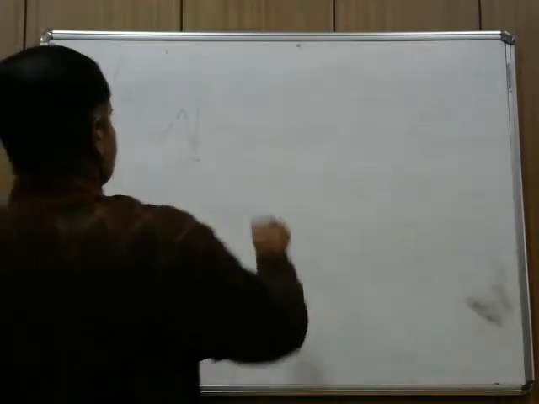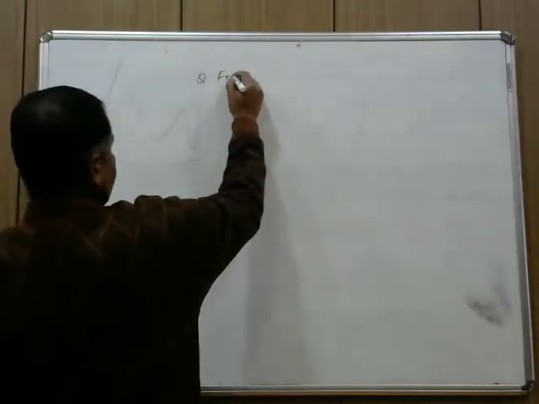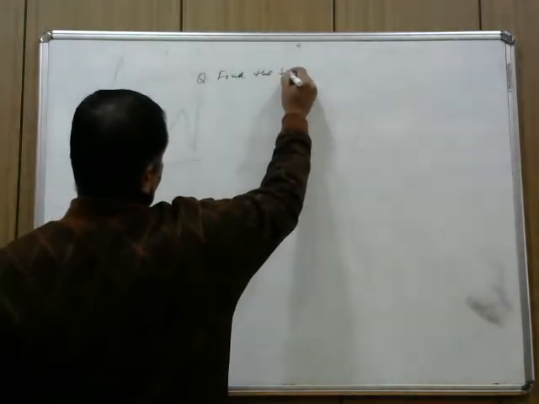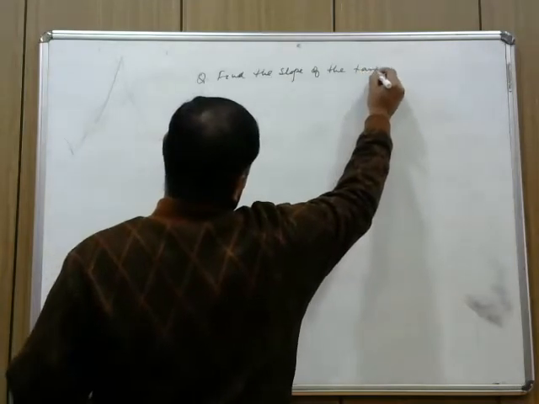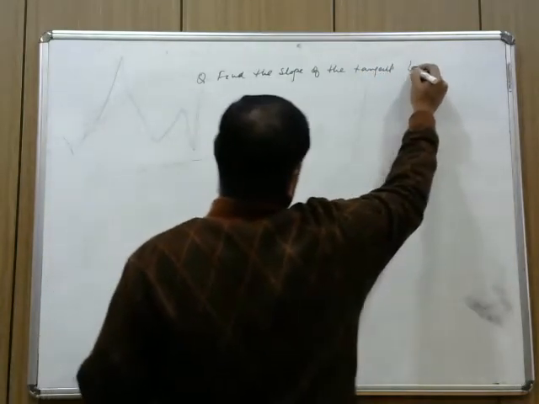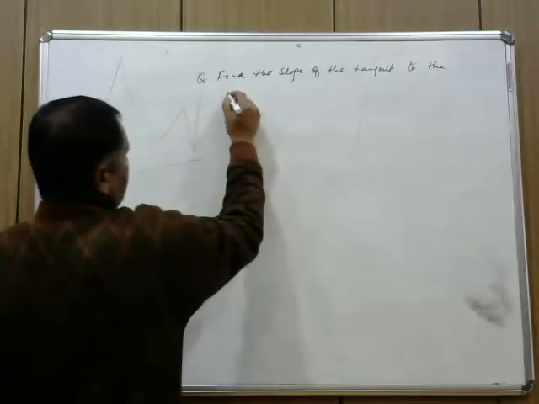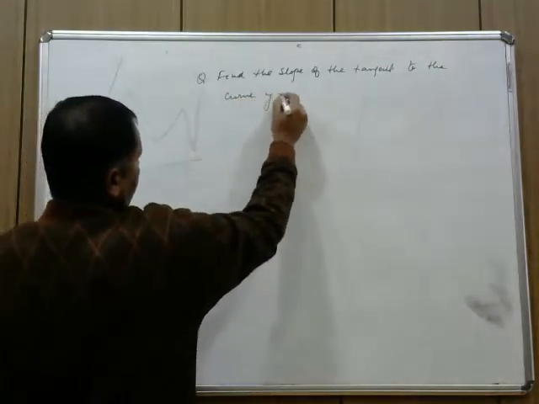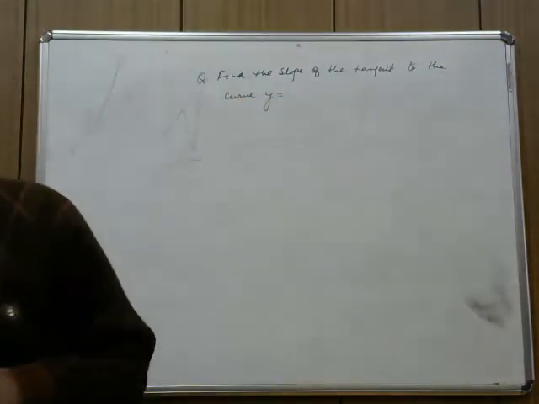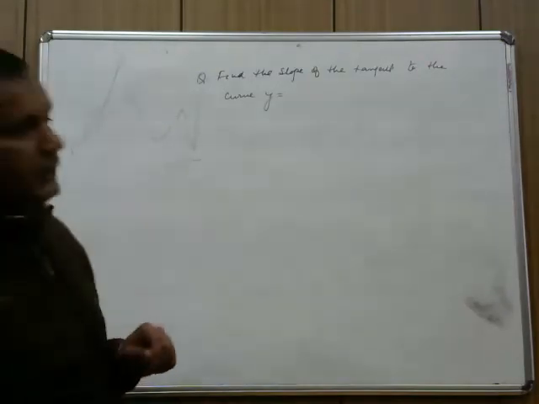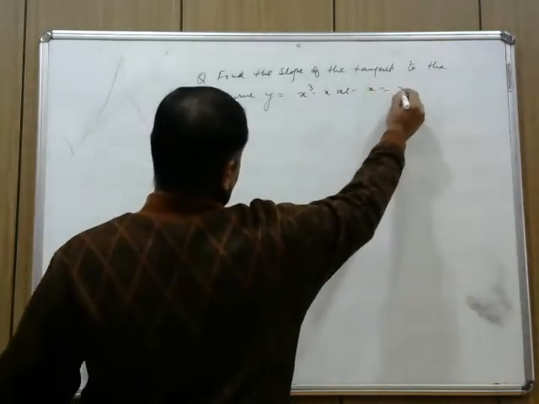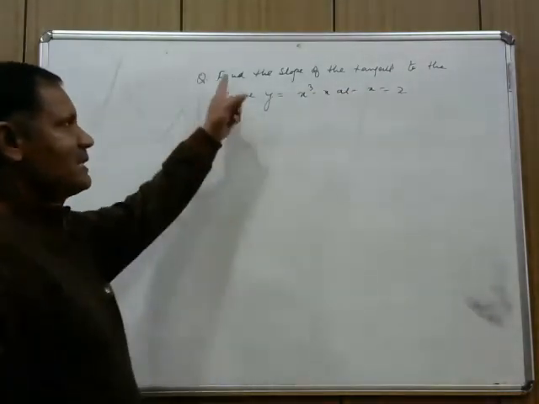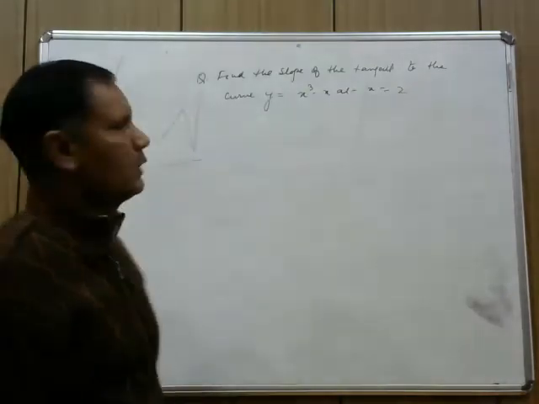Now the question is, find the slope of the tangent to the curve y is equal to x cube minus x at x is equal to 2.